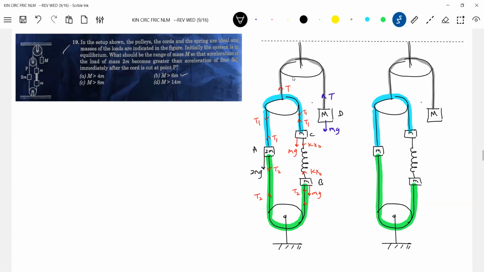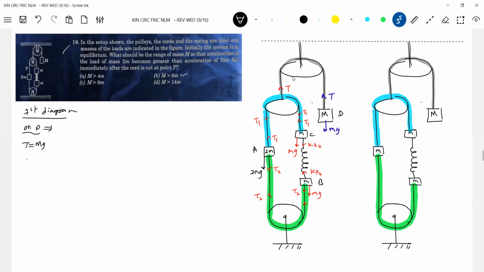So let's write the equations. Initially at equilibrium, for the first diagram. On the block D, T minus mg equal to 0, or directly write tension, because we need values, no? So T equal to mg.